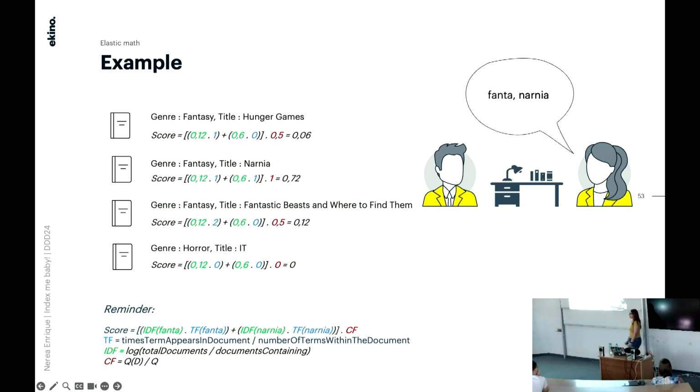And this time I have totally changed how the results are going to show up for the user, which is normal because Narnia is more important than the other two. So Narnia is first, Fantastic Beasts is second, and Hunger Games is third. The last one doesn't show up again because it's not relevant for the user.